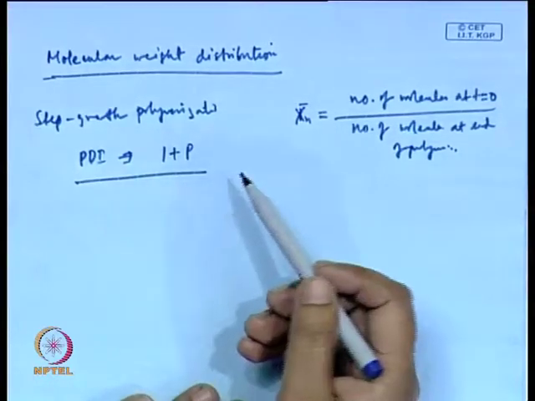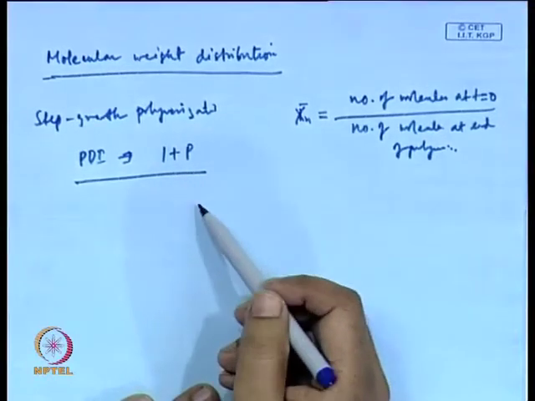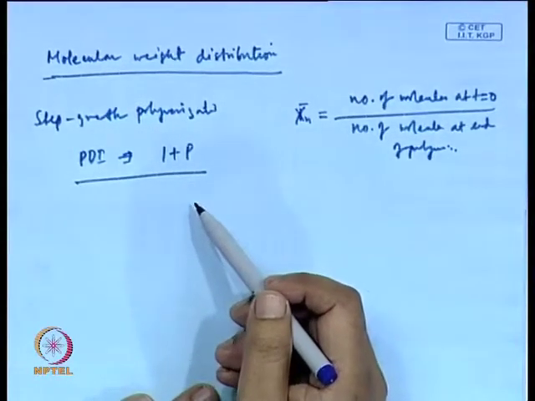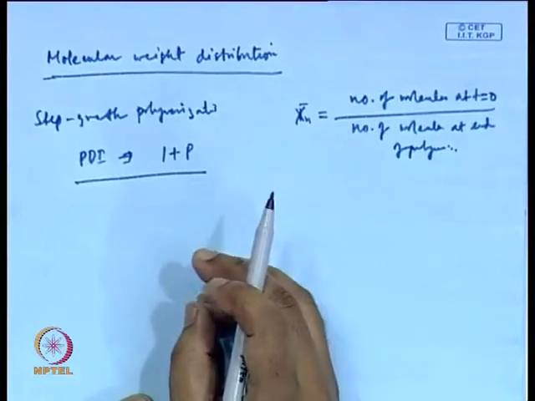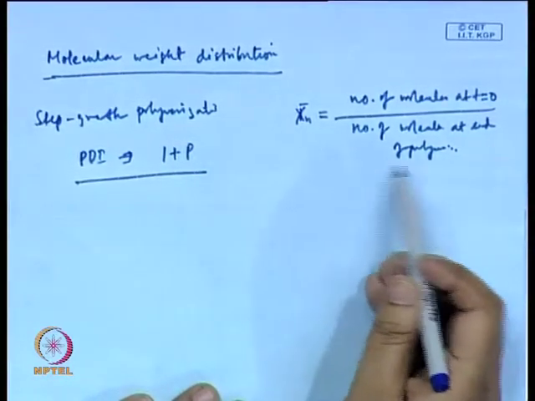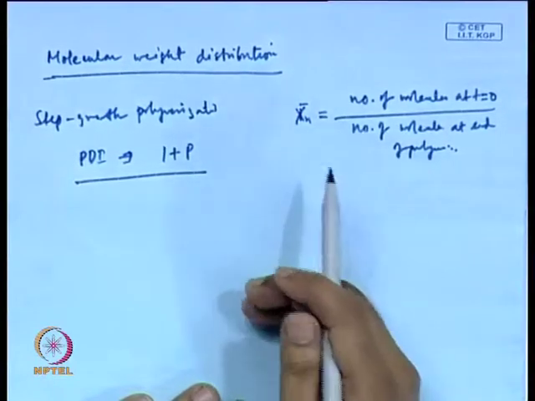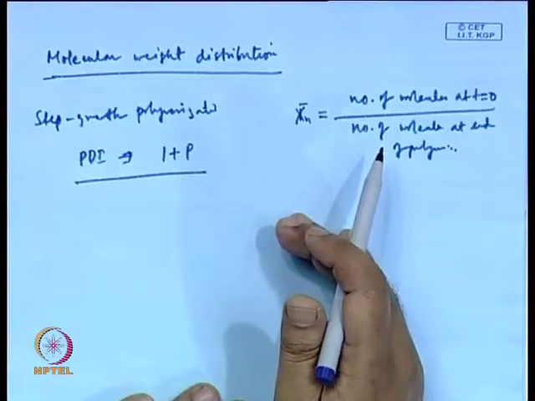But in case you are getting a PDI value less than 2 for polymers which you have taken out from the solution, it means that the low molecular weight samples might have been left in the solution.